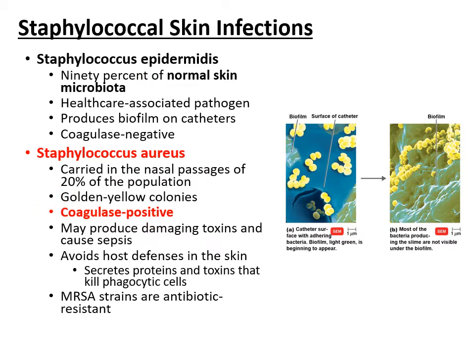Make sure to write on this slide and circle, star, highlight the fact that Staph aureus is coagulase positive, so you can test it using the coagulase test, specifically by using rabbit plasma. And if it solidifies, boom, that's Staph aureus.